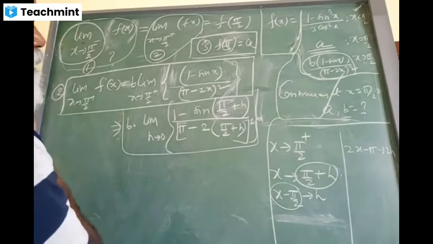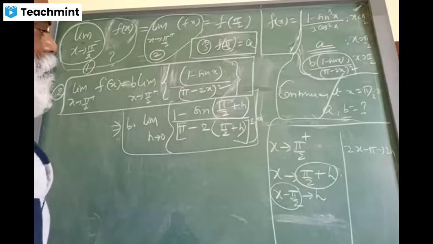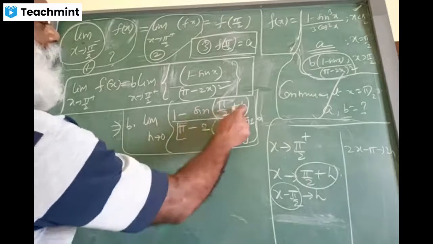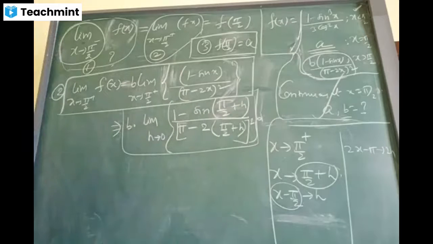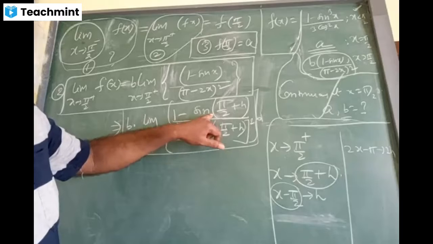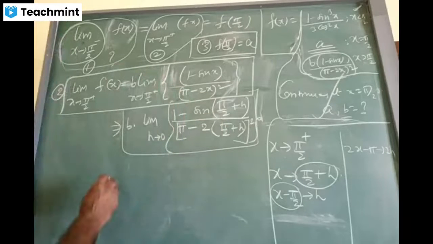What do you get? The whole square line, please. Sin pi by 2 plus h equals what? What do you call sin pi by 2 plus h? Anybody? All of you tell the answer for this. I'm waiting for your answer. Once I ask you the question, an immediate response should be there, please.